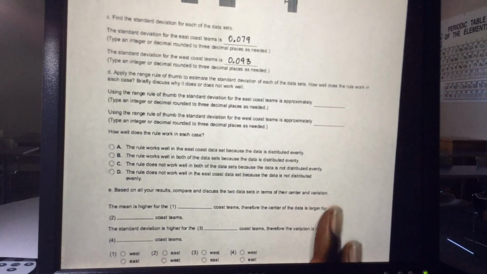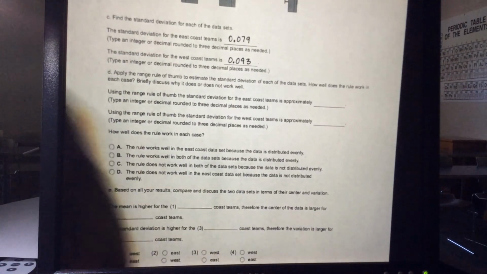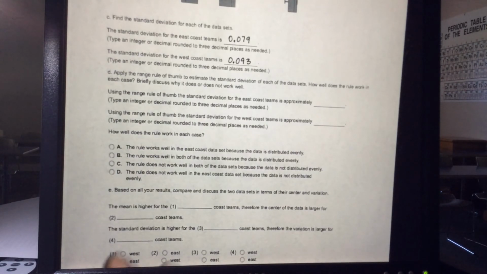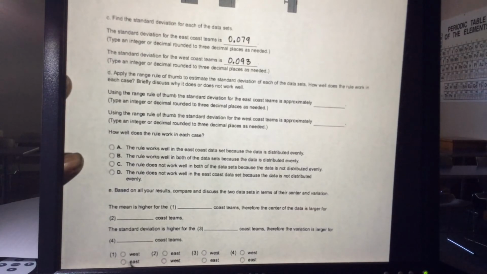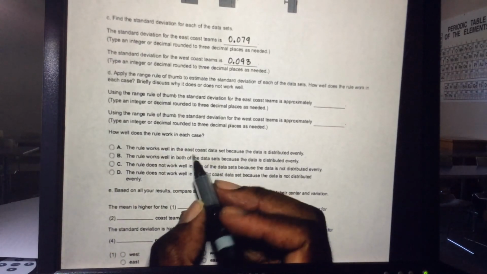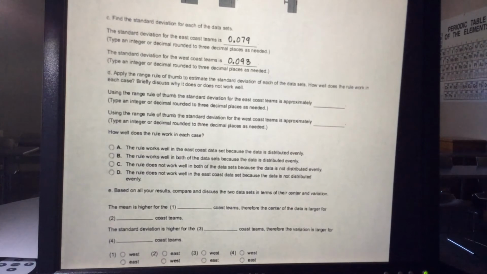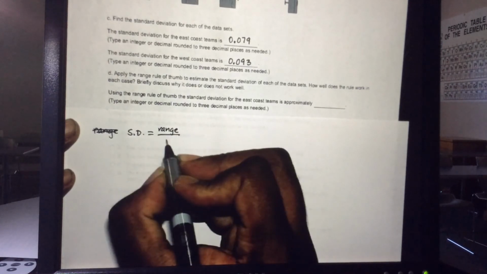Now, Part D, apply the range rule of thumb to estimate the standard deviation of each of the data sets. Okay? So now, for the East Coast teams, I'm going to pull out a blank sheet of paper here. For the East Coast teams, the standard deviation would be the range of the East Coast teams divided by 4.